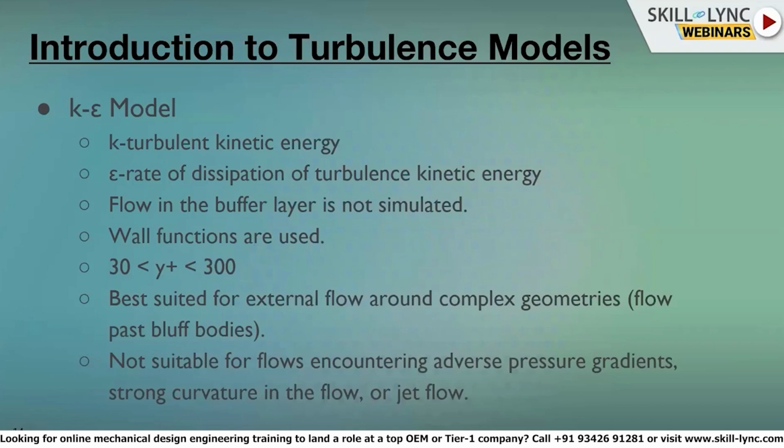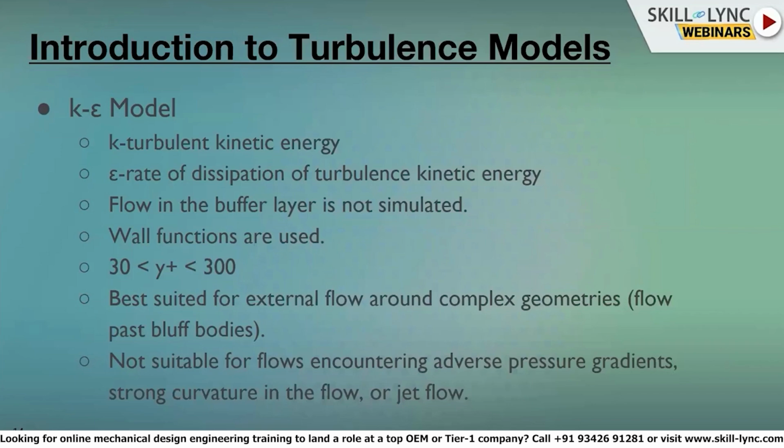It is not suitable for flows that encounter adverse pressure gradients and strong curvature in the flow. For example, where there is an adverse pressure gradient, or a pipe with a lot of bends, the K epsilon model will not be a good choice for modeling those kinds of flow applications.